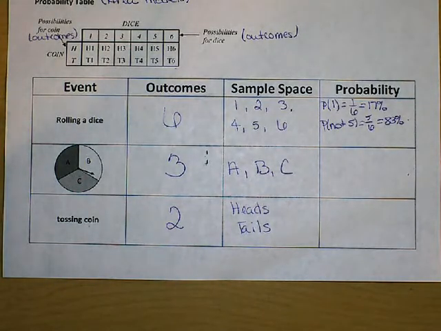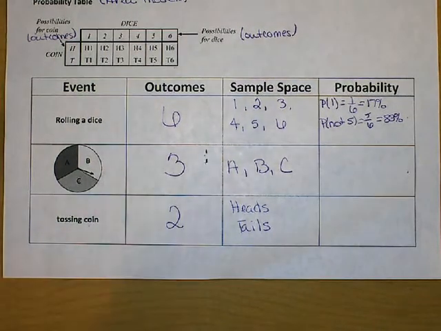Do we have any questions about finding probabilities in the table as well? Can you come up with any examples for the spinner and tossing a coin? I'll give you a minute to do so, and then we will share with the class.